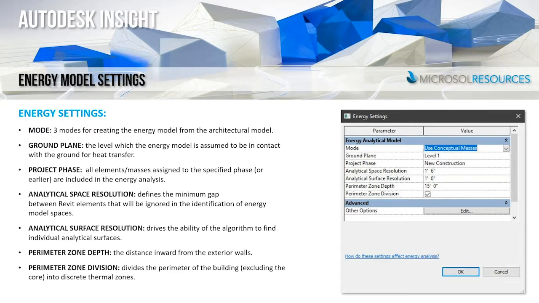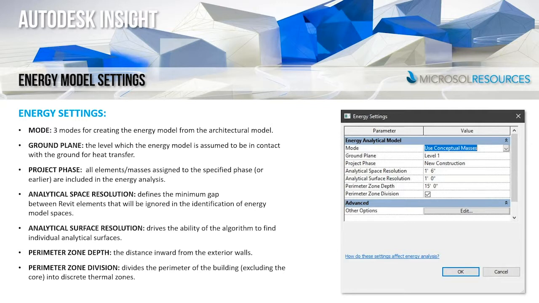Reducing these values does not necessarily result in a more accurate energy model, however. For example, while a lower analytical space resolution value can result in smaller gaps between the Revit elements that are allowed, it can also lead to the omission of some analytical spaces due to the gaps between the architectural elements that will be ignored at a higher setting.